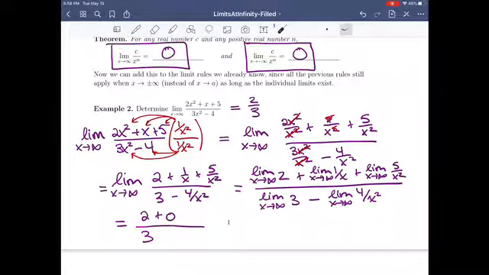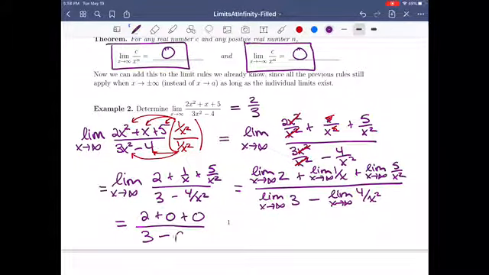Similarly, for 5 over x squared, as x gets really big, it again satisfies the constant over a positive power of x, so it's also 0. Same on the bottom: 4 over x squared is also going to become 0 as x gets really big.